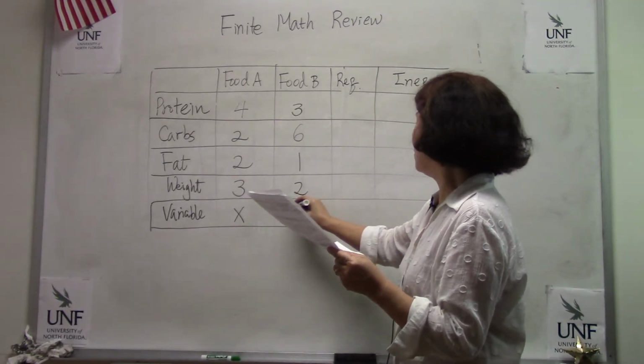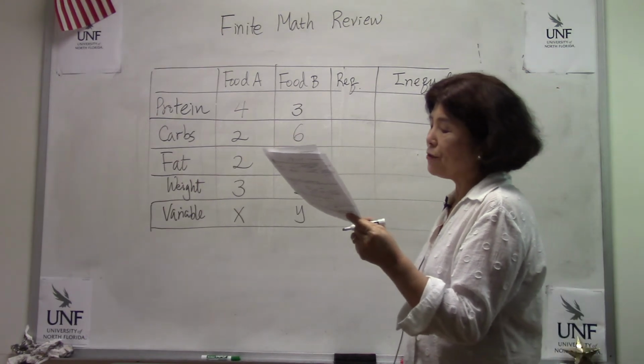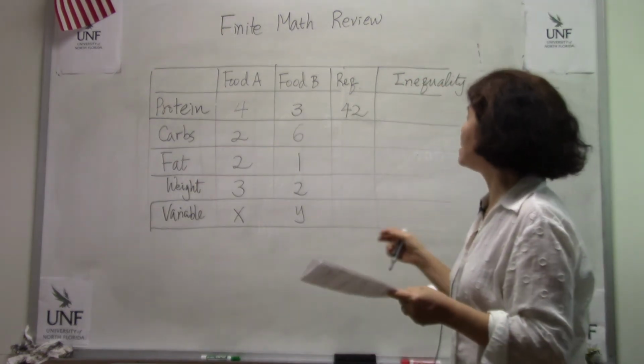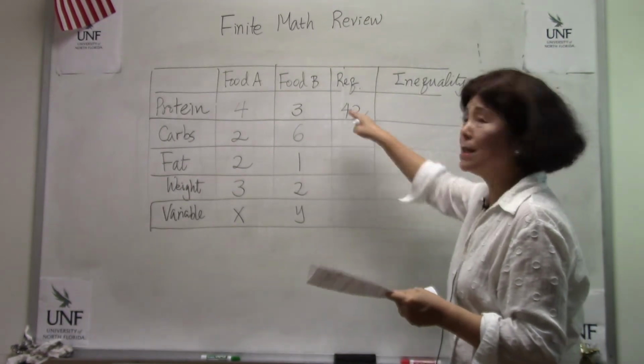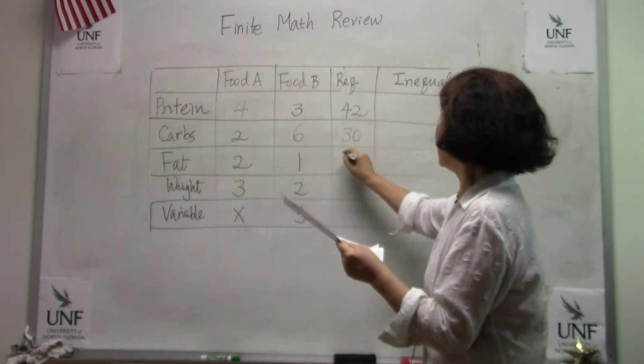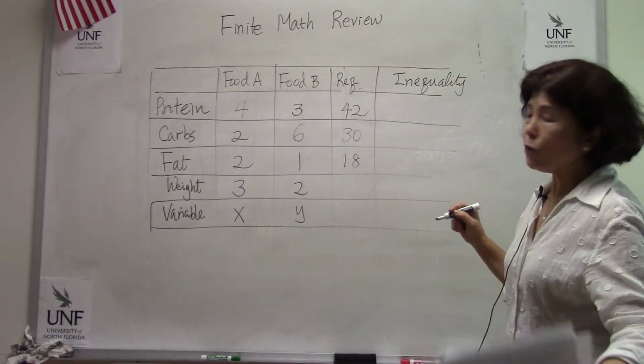And the variable here, let's say Y number of them. And the requirement is 42 units. That means we have to offer at least 42 units over here. And 30 and 18. Well, inequality.